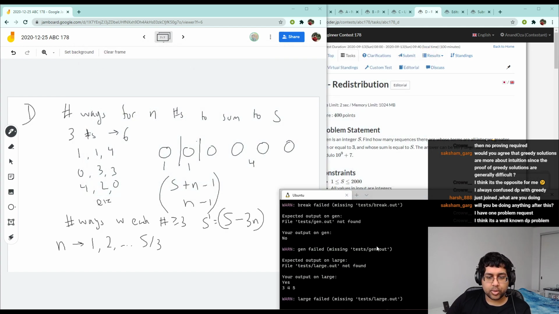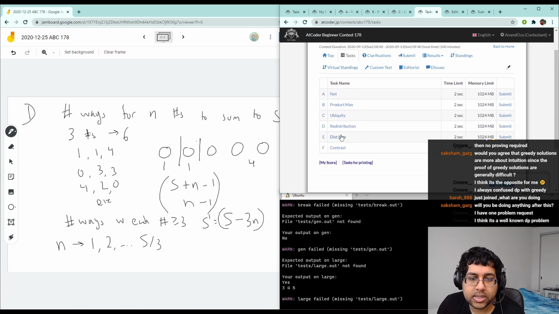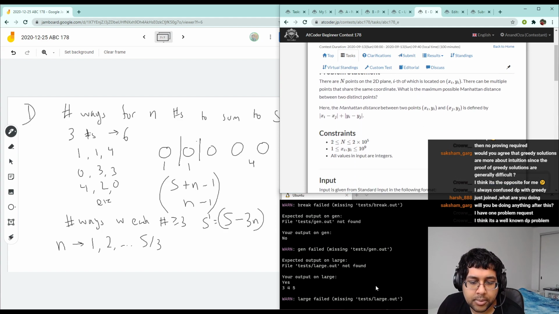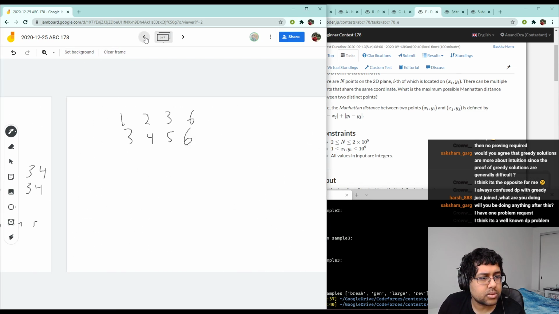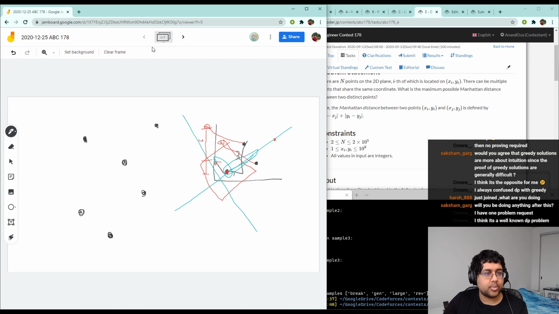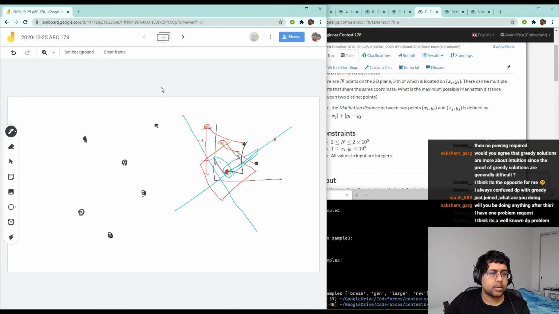So pretty cool problem. Now let's read E again. I started to draw a picture here. Cool.